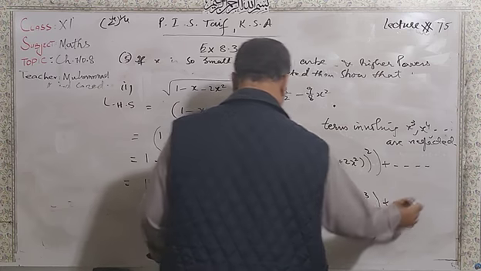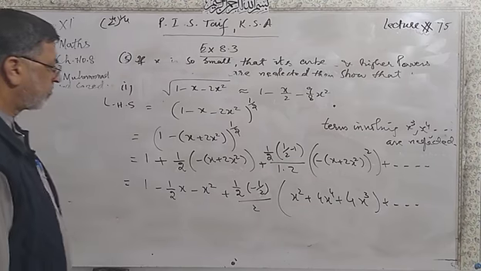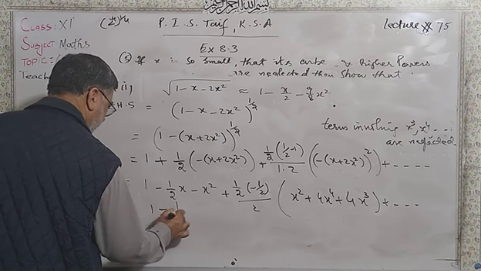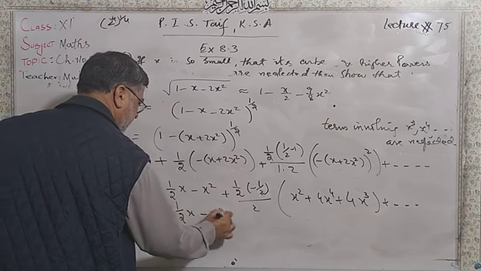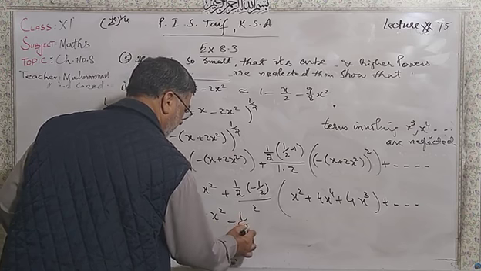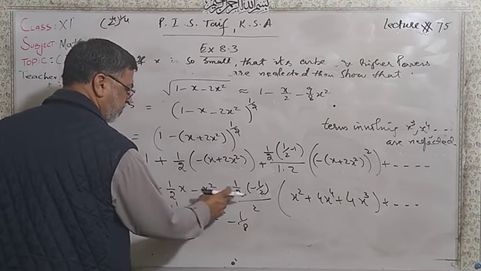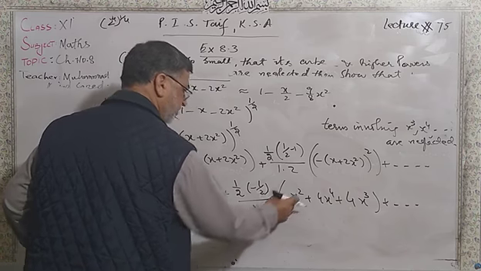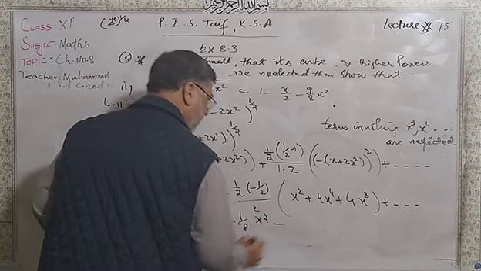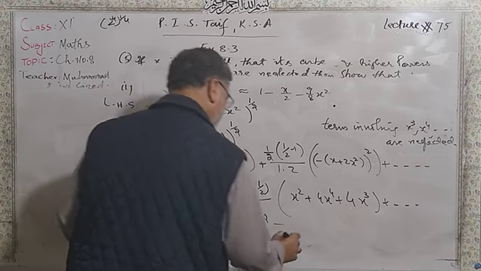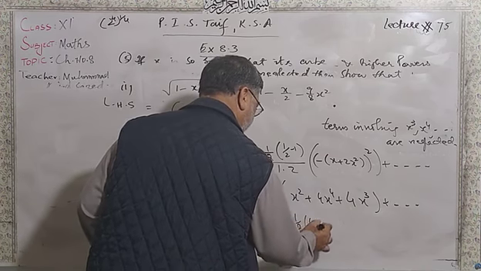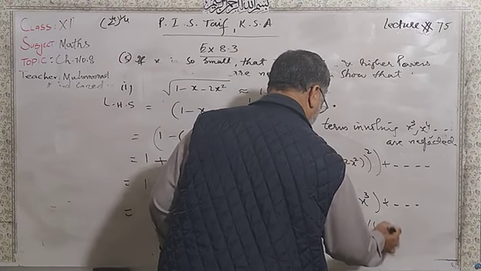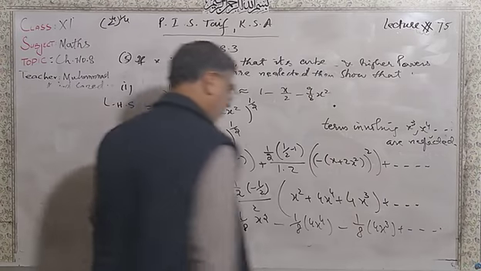So we will have this one. Remember that here is 1 minus 1 over 2x minus x square minus 1 over 8 x square. Now minus 1 over 8 into 4x4 minus 1 over 8 into 4x cube plus so on.